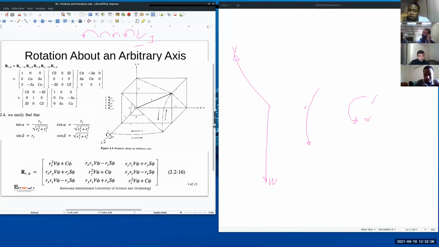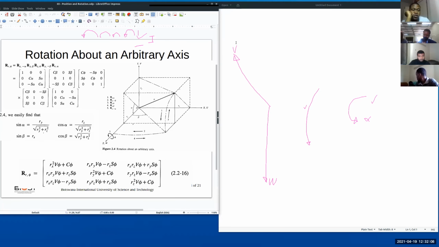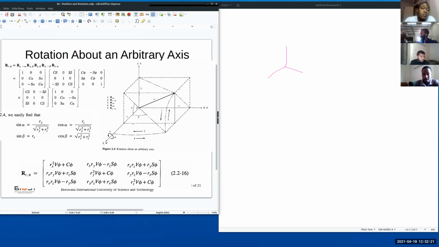Okay, my drawing here was gone, but in my drawing, there were three axes like that, and then another axis rotating somewhere like that, and then you rotate again like this, and you rotate again somewhere like that.